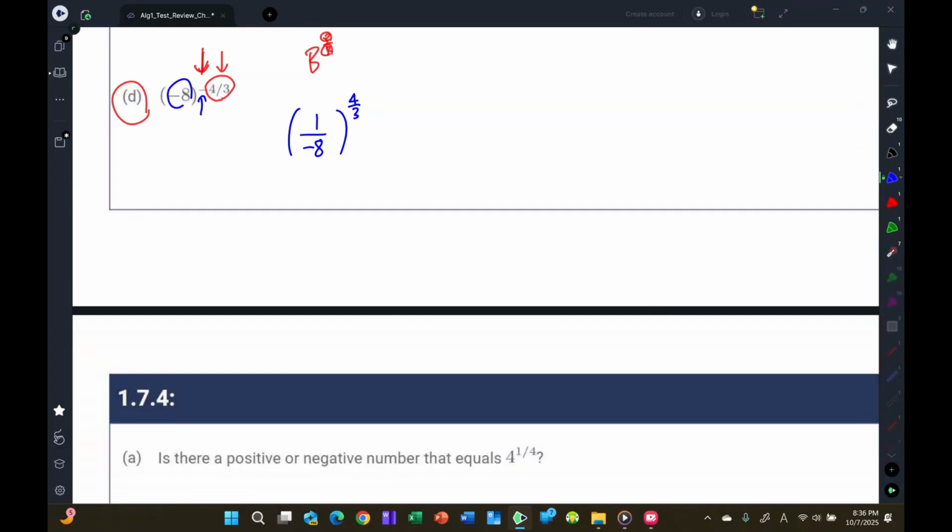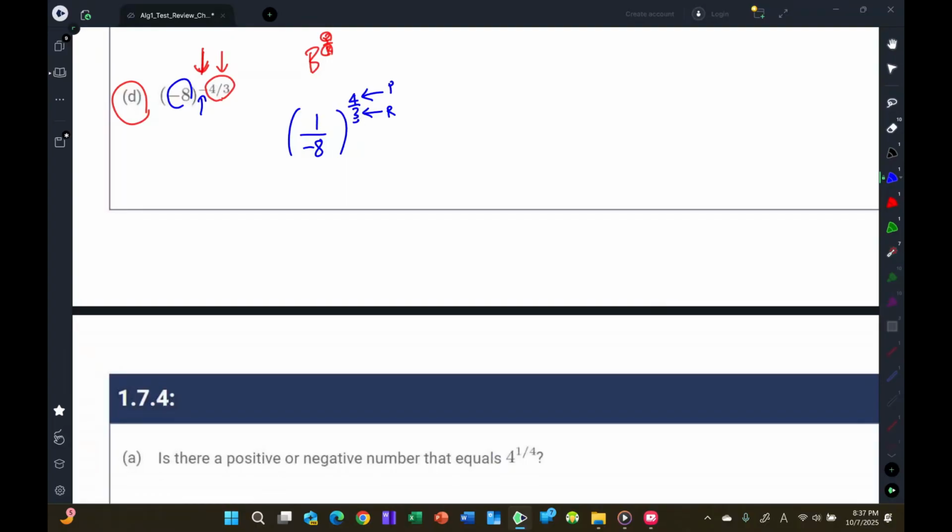Now, would you root first or power first? It doesn't really matter. But when you power first, the number sometimes gets too big. And it's kind of hard to find how you can root it, right? So it's easier if you make the number smaller by rooting it and then power later, right?